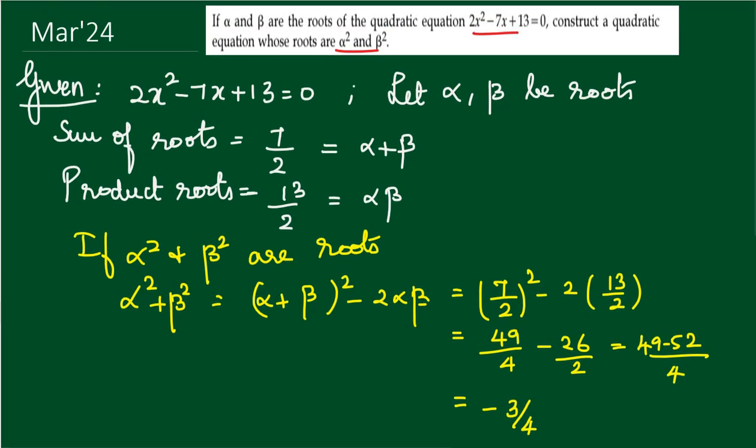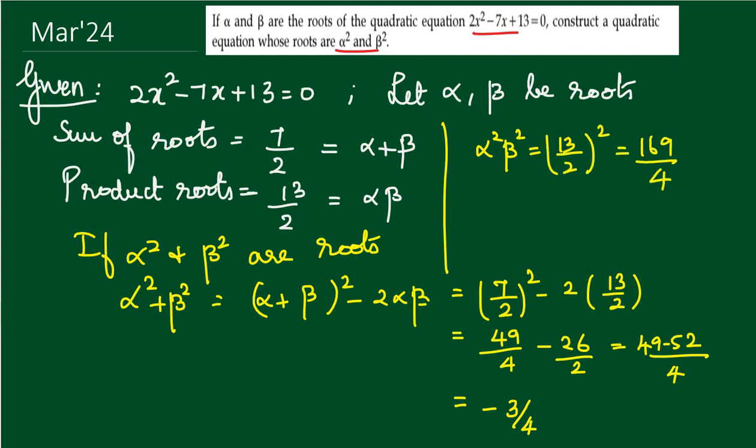Now let us find the product of the roots. The product of the roots will be alpha square beta square, which is equal to 13 by 2 the whole square, which is equal to 169 by 4. So the sum of the roots and the product of the roots are known to us.